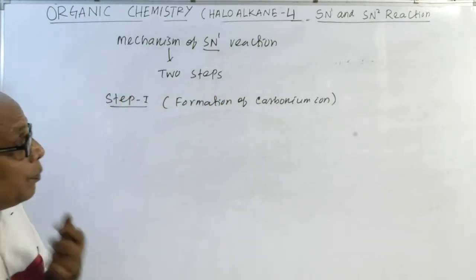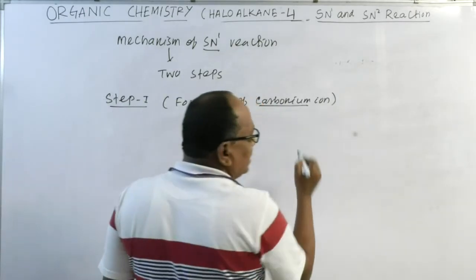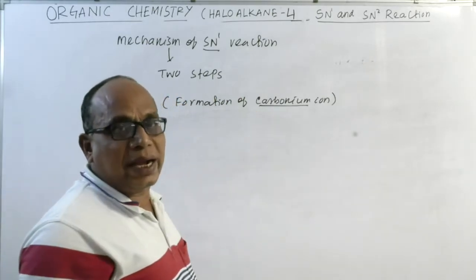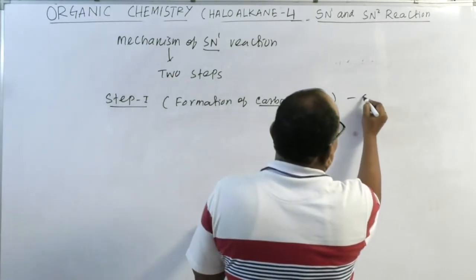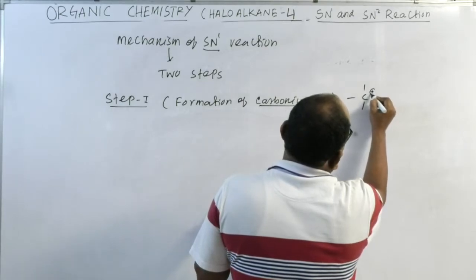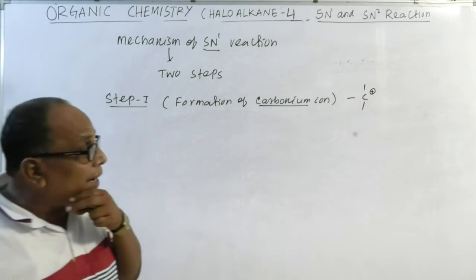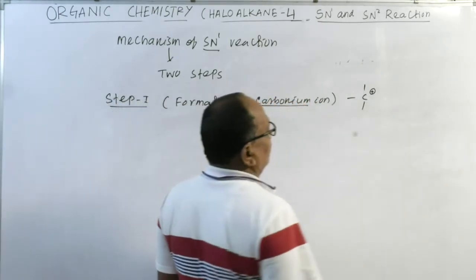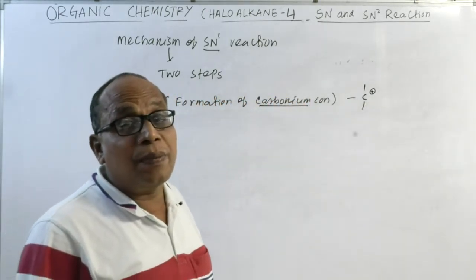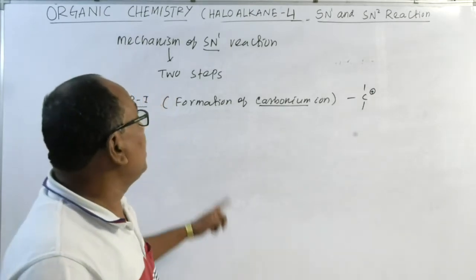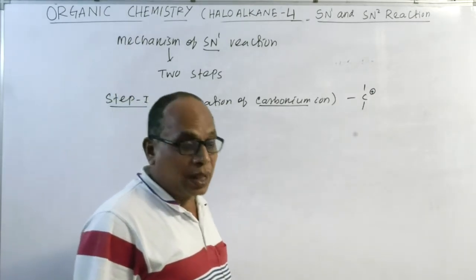What do we mean by carbonium ion? Carbonium ion means a carbon atom having a positive charge. That is called a carbonium ion. So the first step is the formation of the carbonium ion.